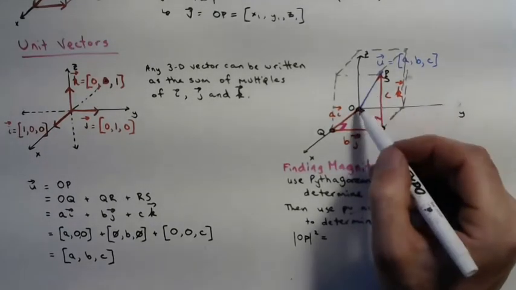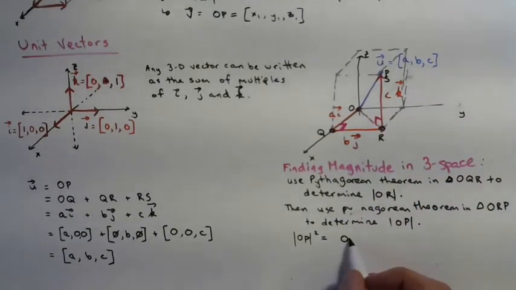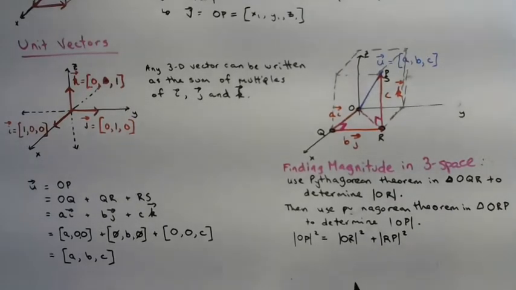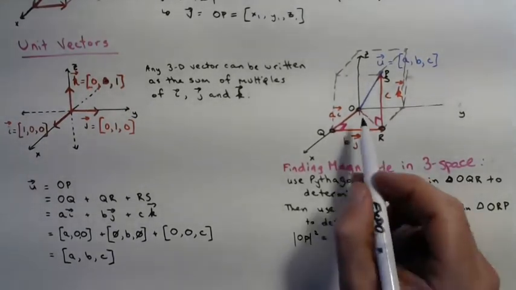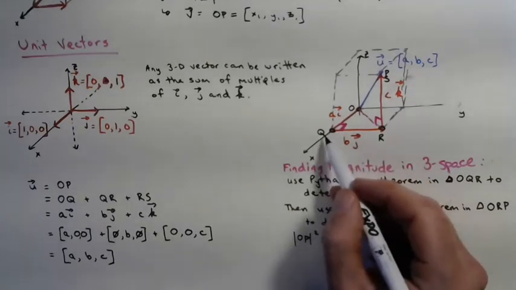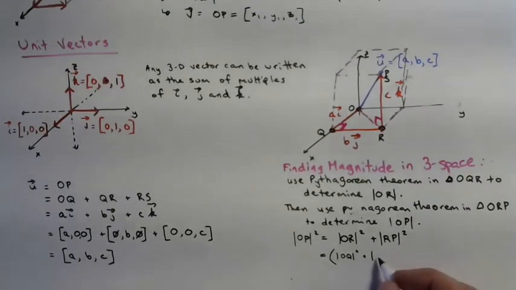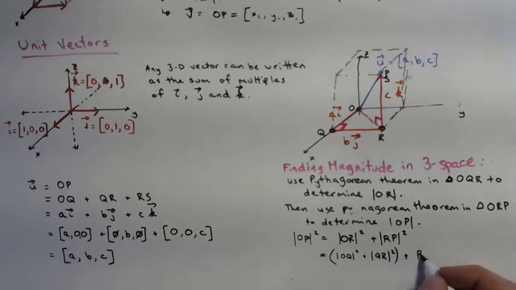And we know that OP squared is OR squared plus RP squared. But we already discussed that OR squared is actually OQ squared plus QR squared. So here, this OR squared is actually the same as OQ squared plus QR squared plus, and then we have RP squared out here.